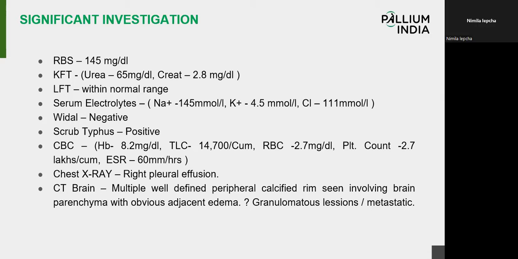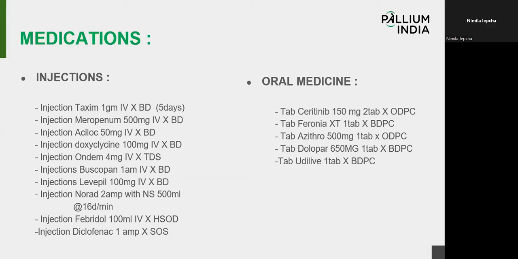Hb was 8.6 mg per dL, TLC was 13,000, RBC was 3.1, platelet count was 2.6, ESR was 66. Coming to chest X-ray, it shows right pleural effusion. CT brain shows multiple well-defined peripheral calcified rim lesions involving the brain parenchyma with obvious adjacent edema. Query granulomatous lesion or metastatic.